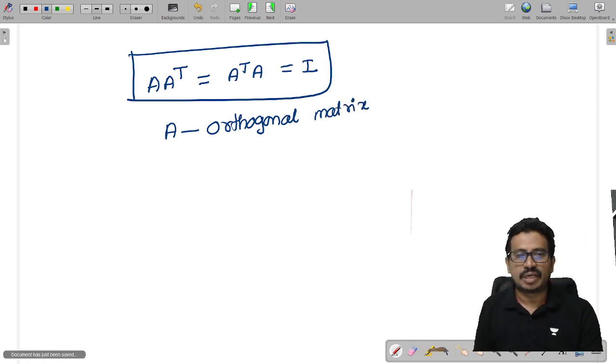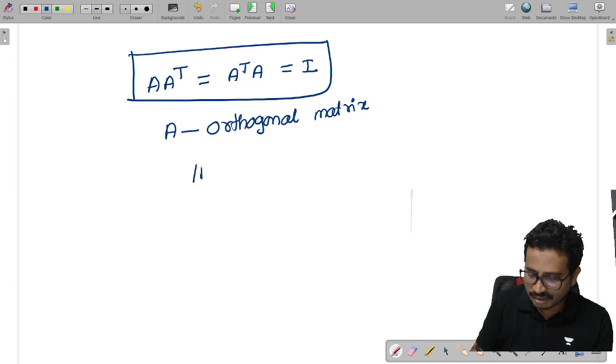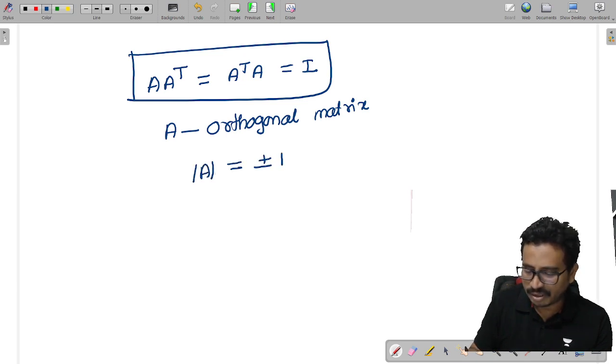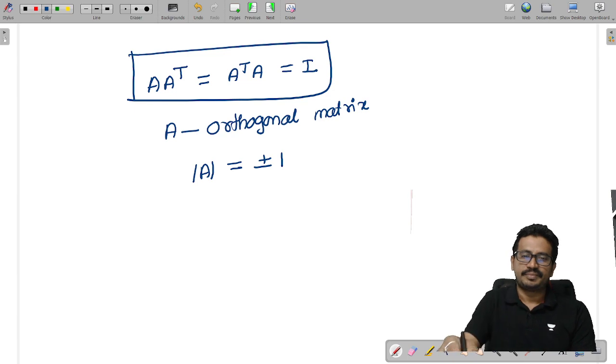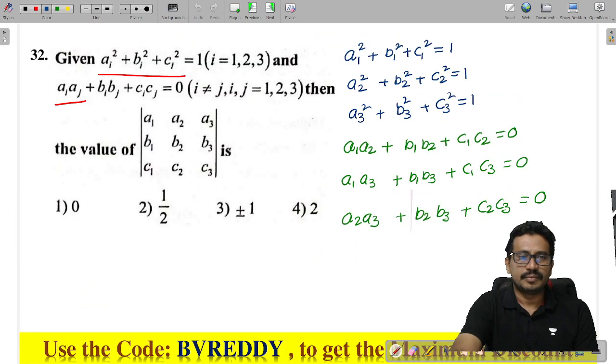If A is an orthogonal matrix, then the determinant of the matrix A is equal to plus or minus 1. Orthogonal matrix determinant is plus or minus 1. So, third option.